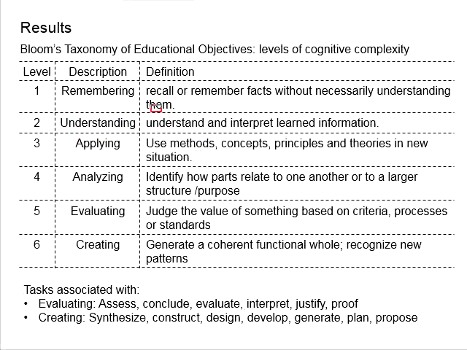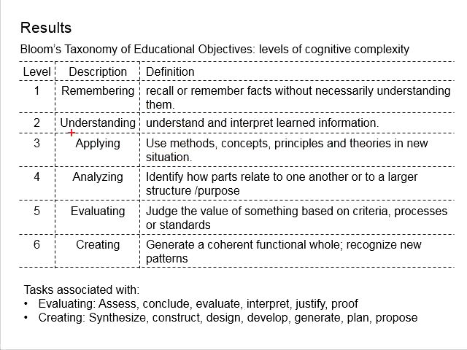This is where you understand and interpret the learned information. And then the taxonomy level increases to level 3 when you are able to apply certain things. That will be using the methods, concepts, principles, and theories in new situations.